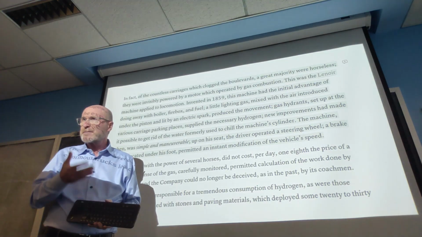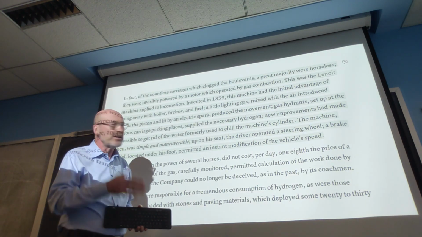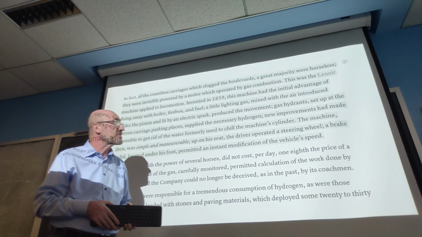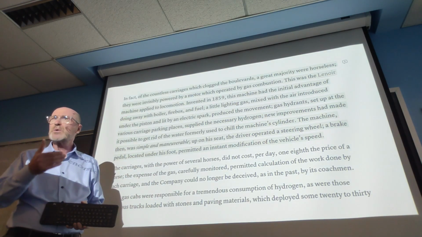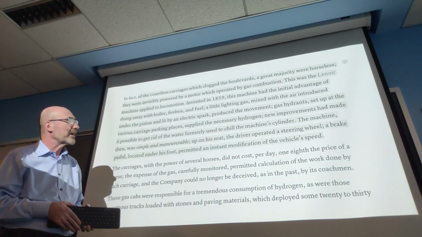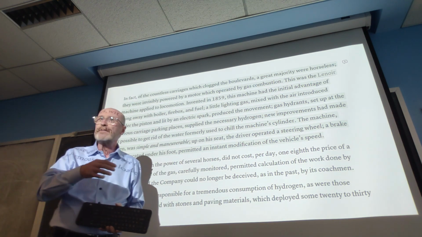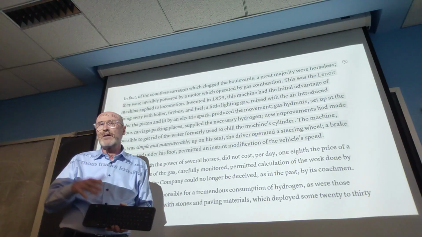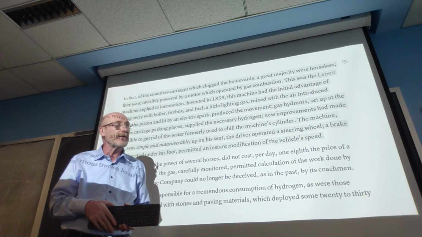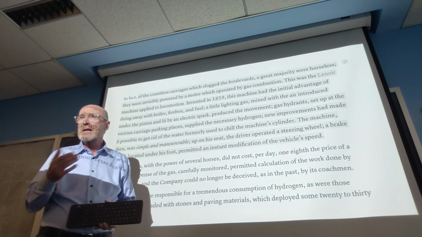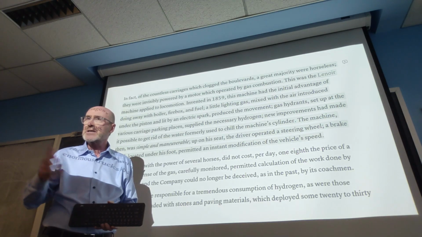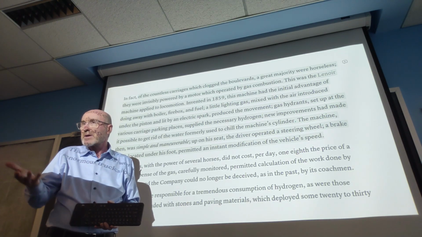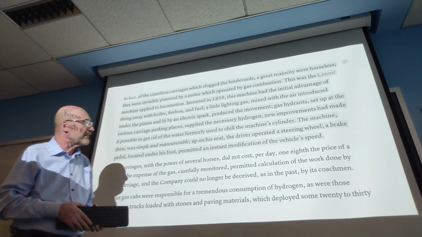Lenoir was a French-Belgian engineer, and in one of the previous presentations I showed you a picture of a Lenoir engine, one of a number of engineers who in the middle of the 19th century, during the 1850s and early 60s, came up with a project for an engine before the automobile was available.